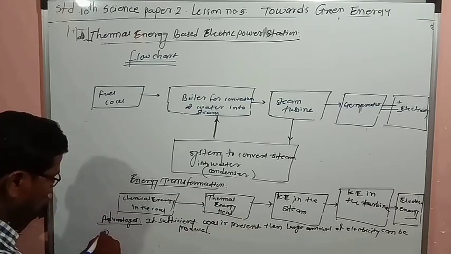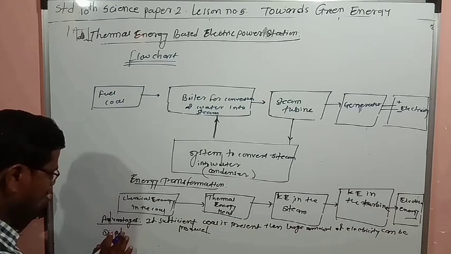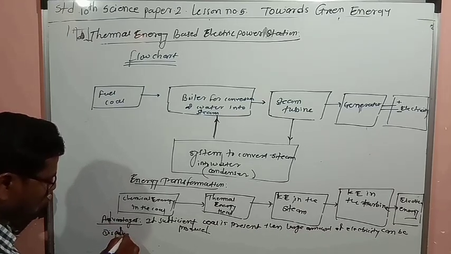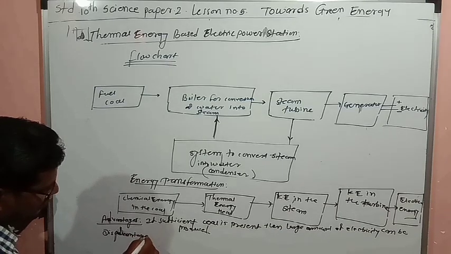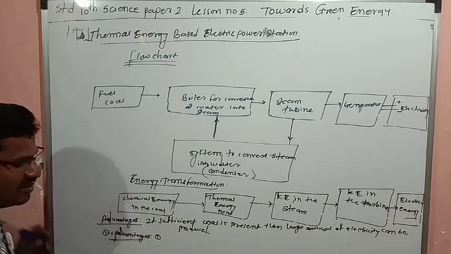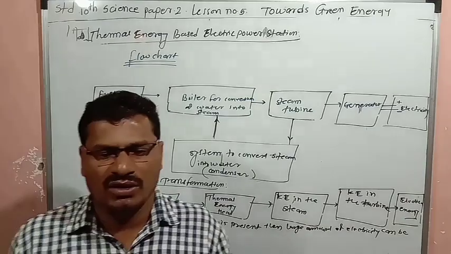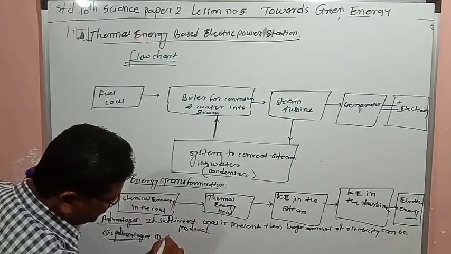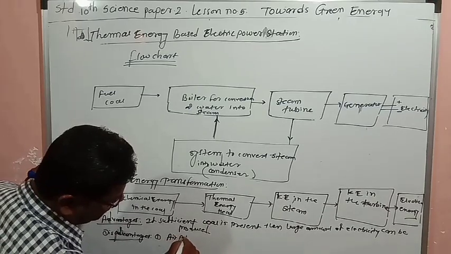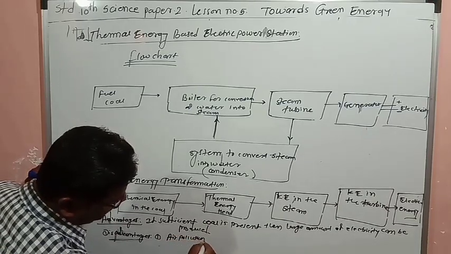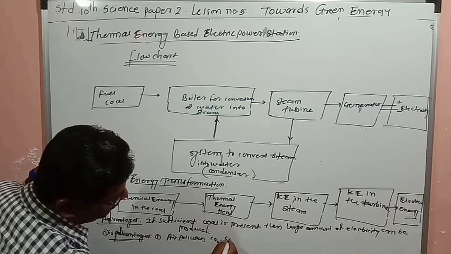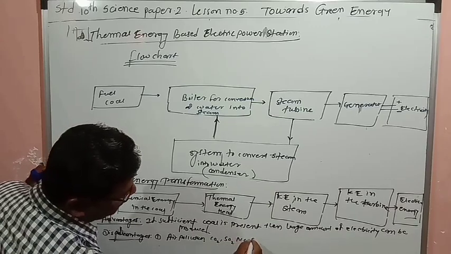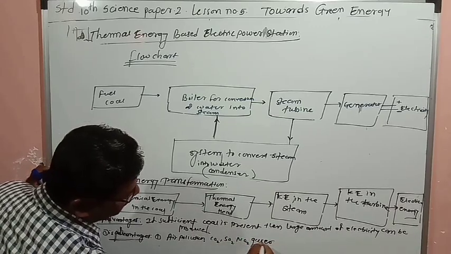And the disadvantages. What are the disadvantages? In that, three points are there. First thing is air pollution. The first problem is air pollution. In that, CO2, SO2, NO2 gases are released into the atmosphere.